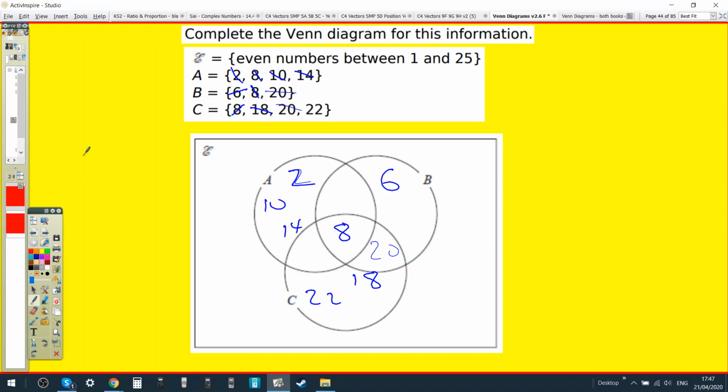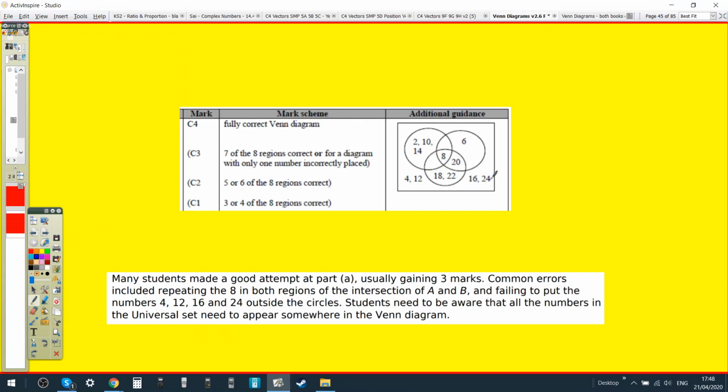So what will... So we have 2. So 12. So 4, 12, 16, 24. 4, 12, 16, 24.